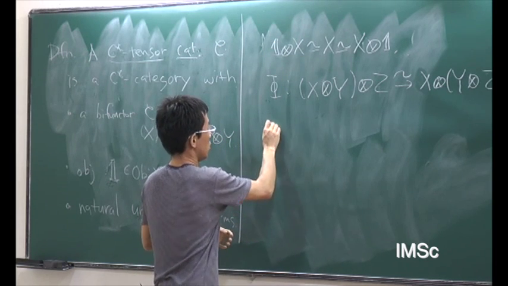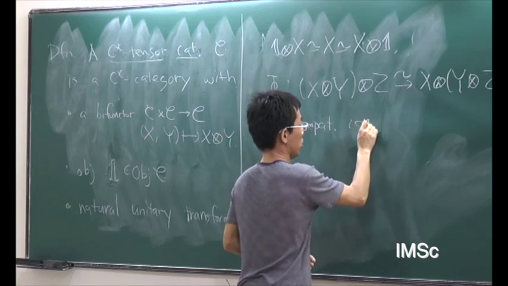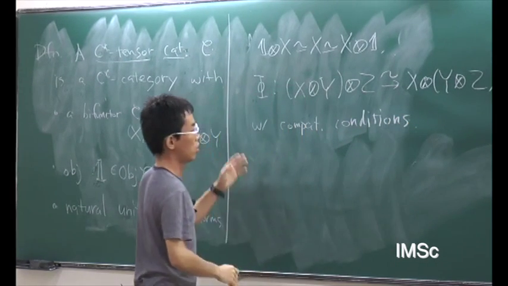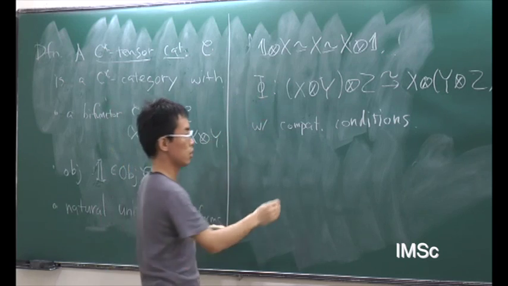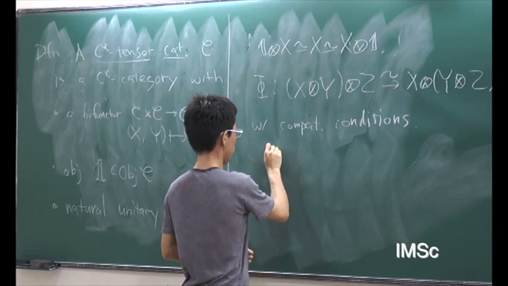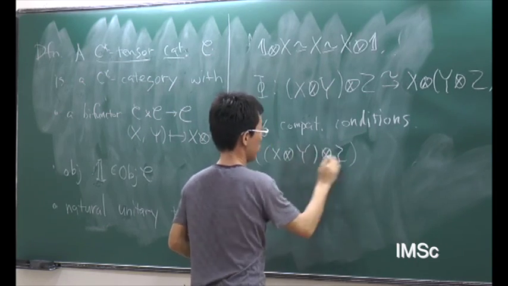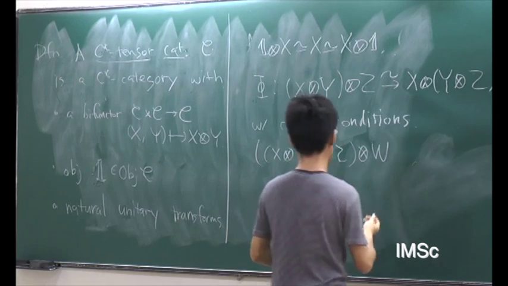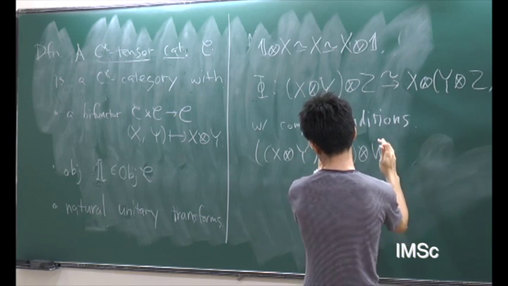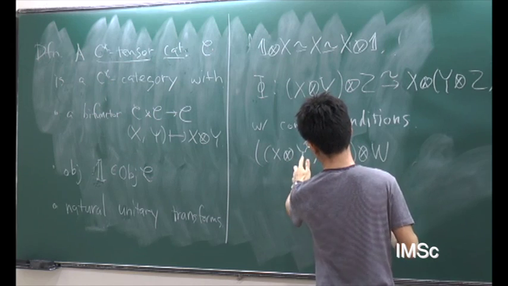And also, for example, the product of 4 things should produce the same thing. So from x times y times z times w, there are 2 different ways to go to the other extreme, z times w times y times x.